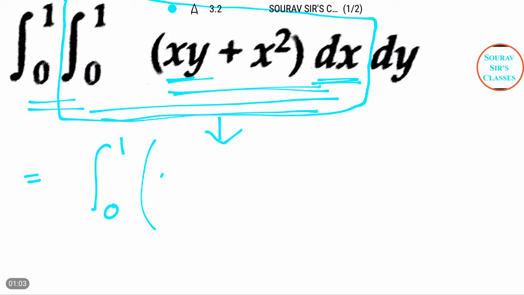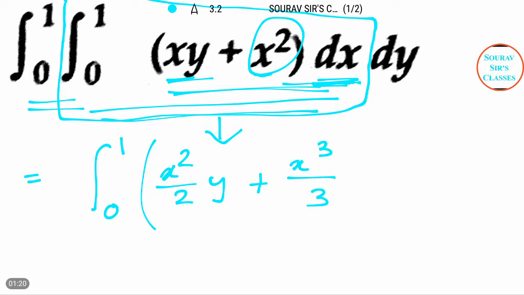So we can write here x square by 2 into y, plus we are doing the integration of x square on the basis of dx, so we will write here x cube by 3. Now the limit we give is 0 to 1, that is given here, so 0 to 1 dy.